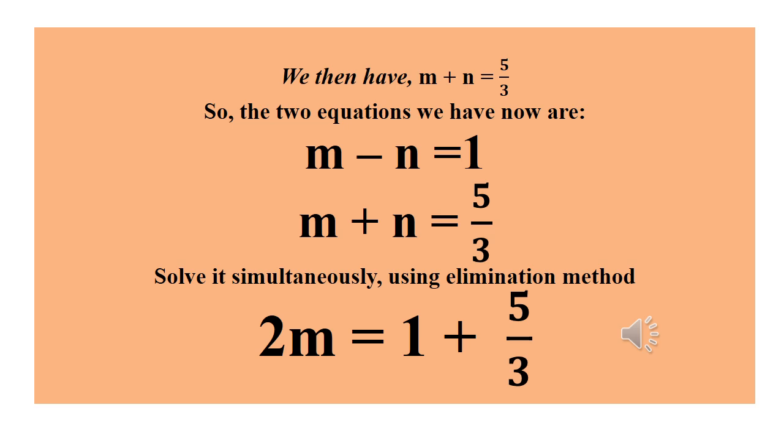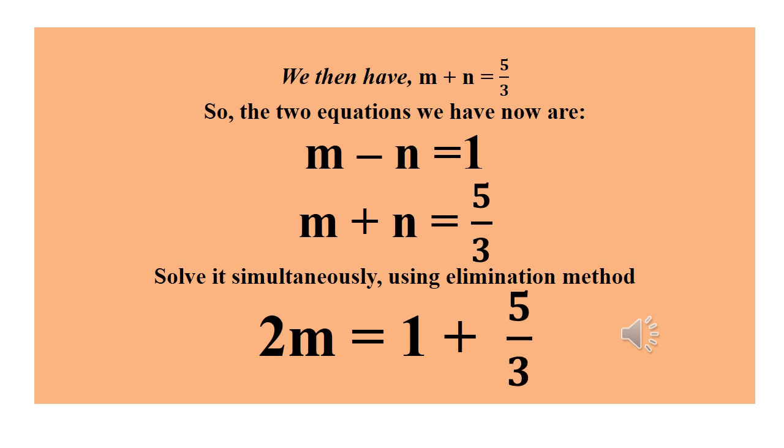We added together because the first sign of the n there is minus and the second one is plus. The signs are not the same. When the signs are not the same, whatever letters we are eliminating, you are going to add together.